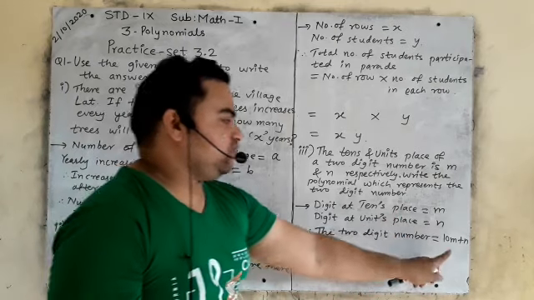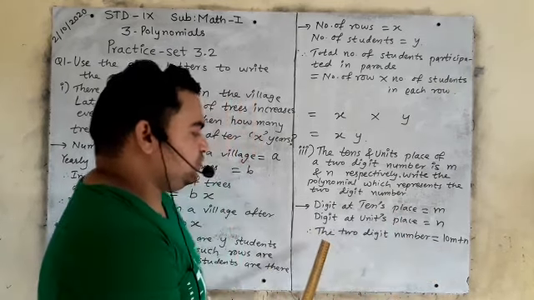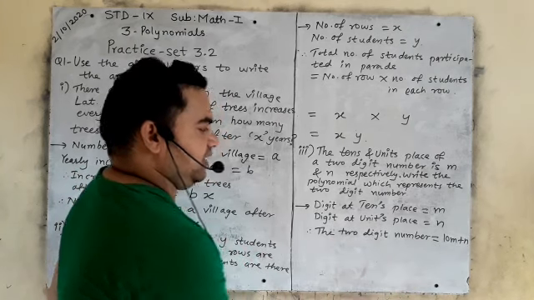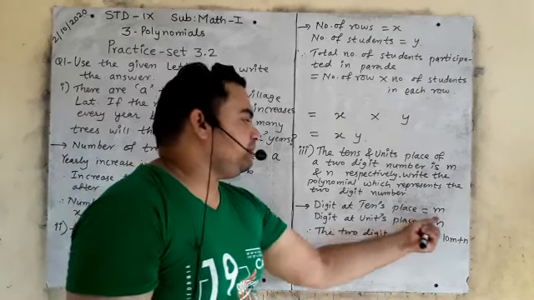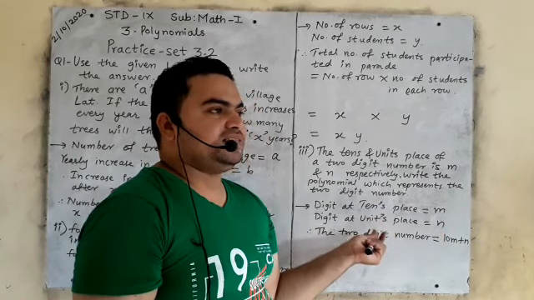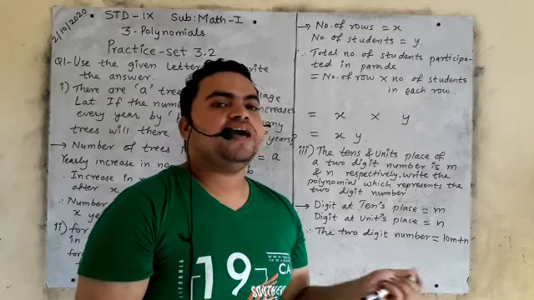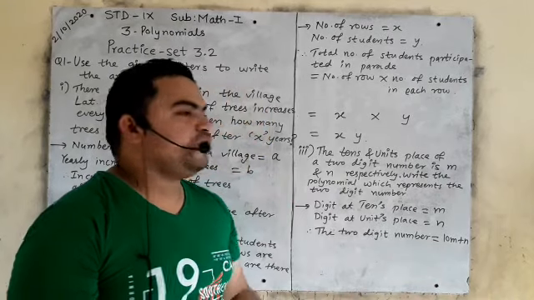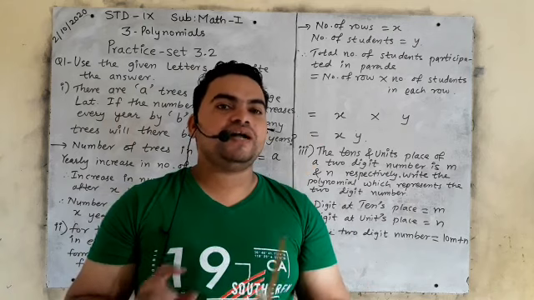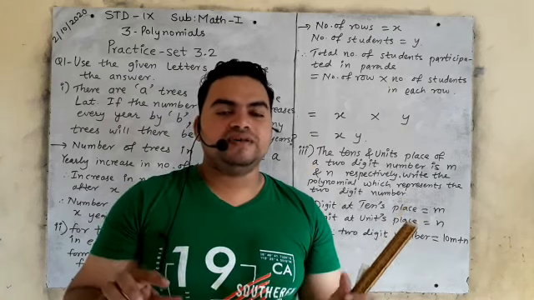So ten place means what? Unit and ten, right? So we will write the two-digit number is equal to 10m plus n. m represents the tens place and n represents the unit place. Is it clear? This is how we have to write the given polynomial. If the question is given in words, we have to write it in polynomial form. Is it clear?